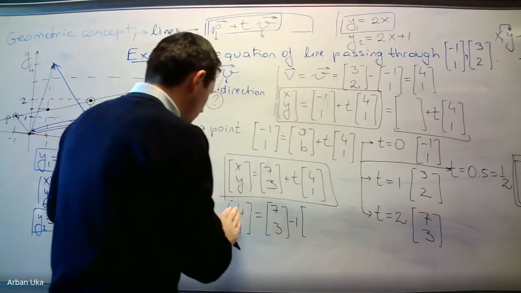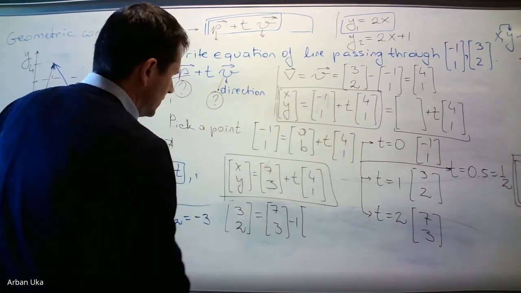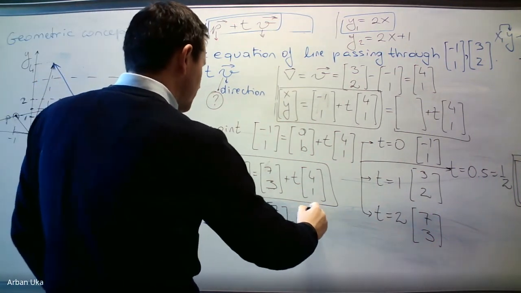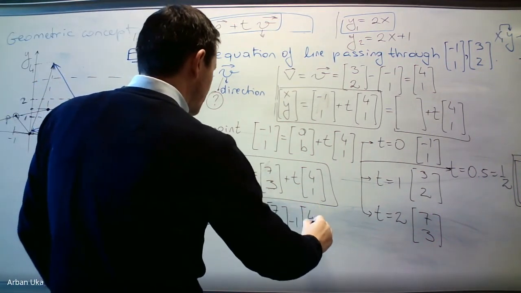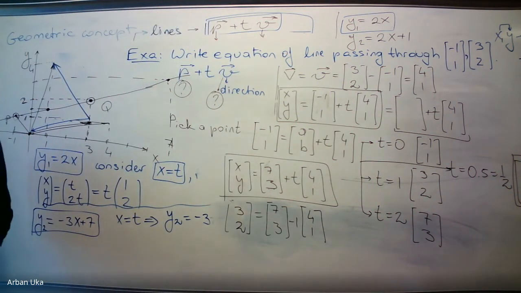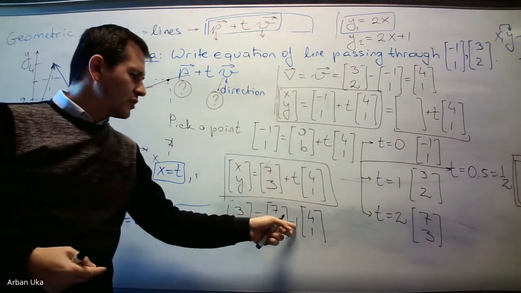Sorry. This does not pass at point (4,1), this passes at point (3,2). So (3,2) would be equal to (7,3) minus 1 times (4,1), right? So this just means that if we use different reference points, what will change? It will just correspond to a different value of t.